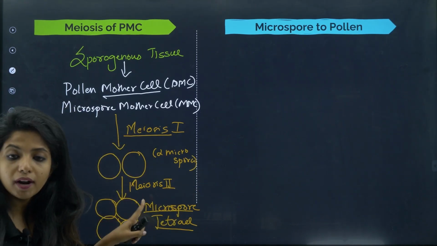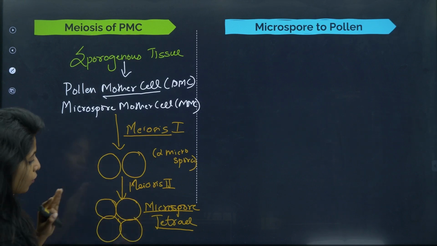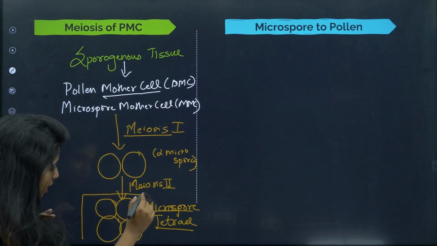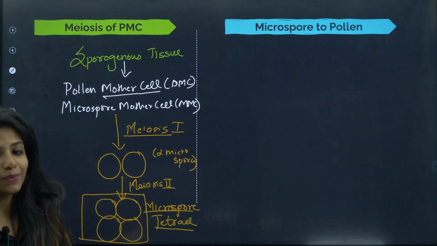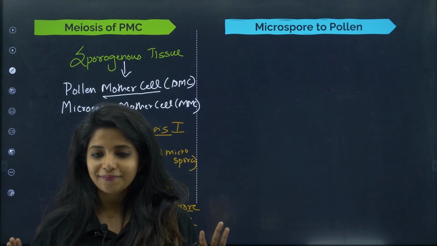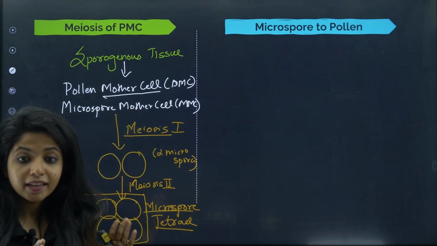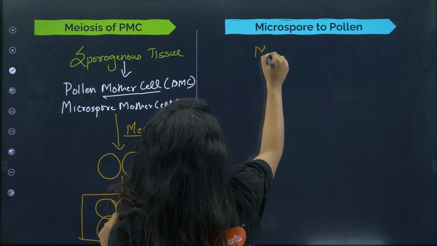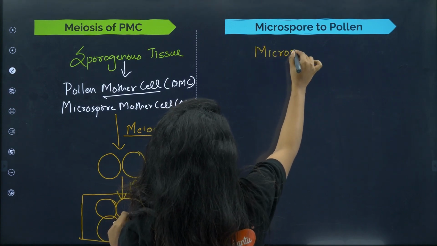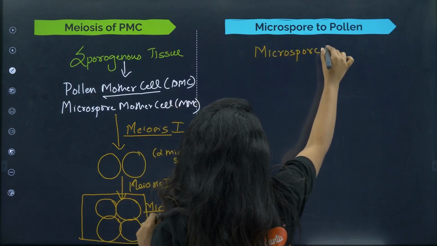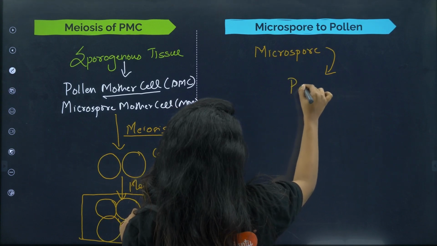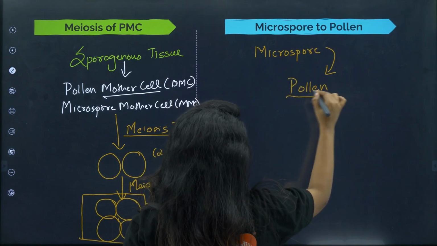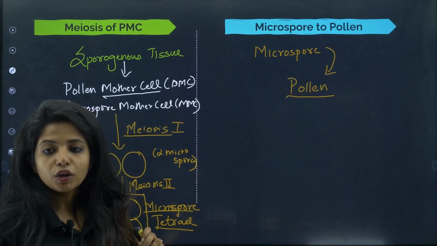You get the microspore tetrad. Now, there are 4 microspores. Agree? Each of them can give rise to a pollen. Each of them basically is going to act like a pollen.